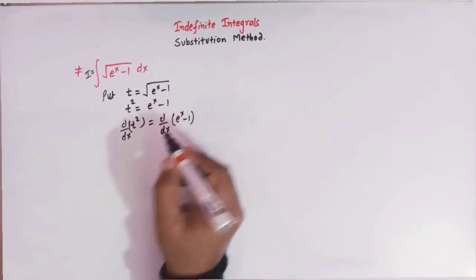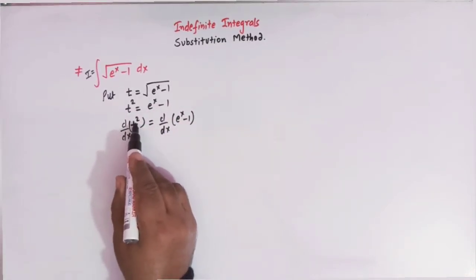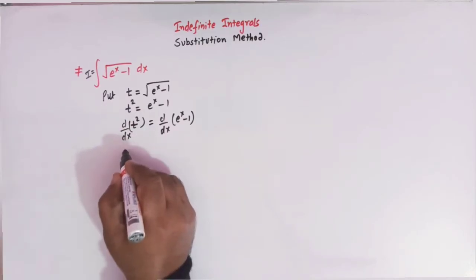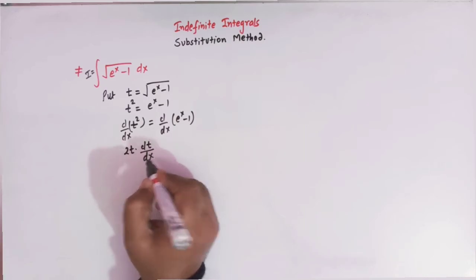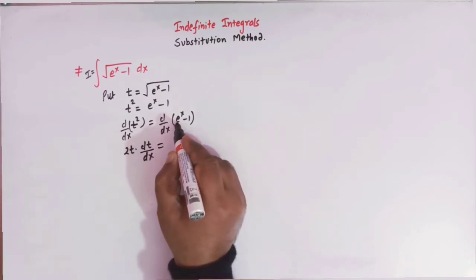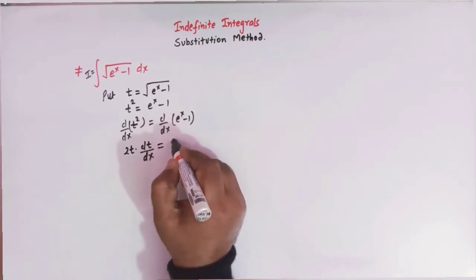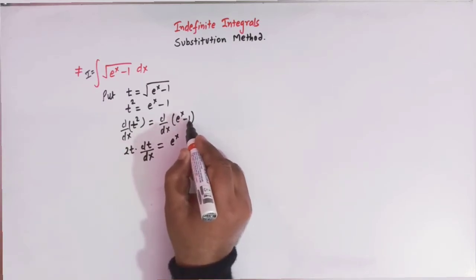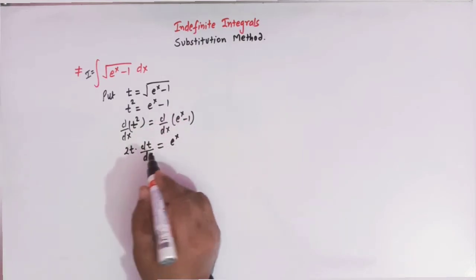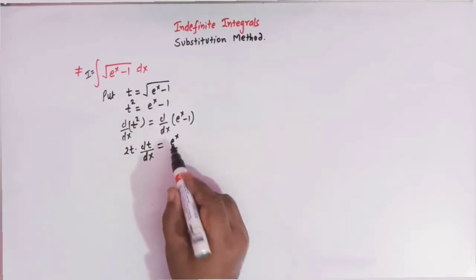The derivative of t square with respect to t is 2t, and then by chain rule we'll have dt over dx. And the derivative of e raised to x is e raised to x, and the derivative of 1 is 0. So now see here we have e raised to x.